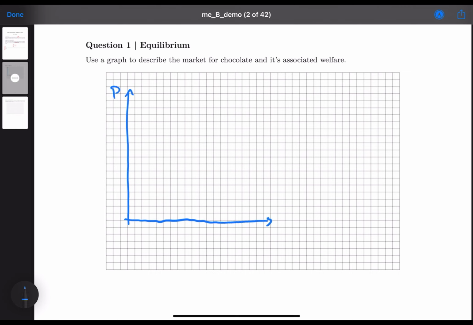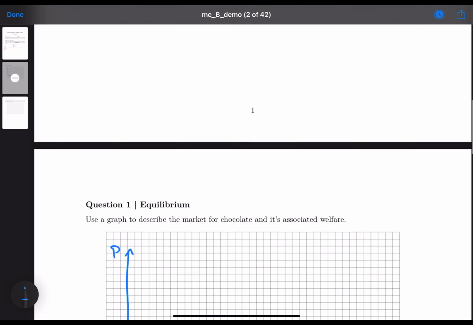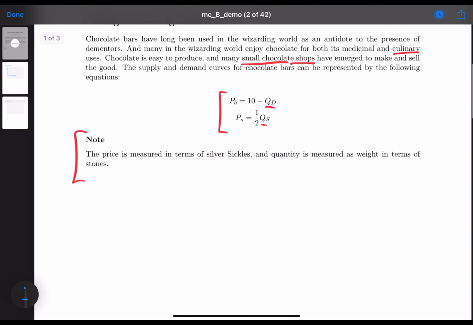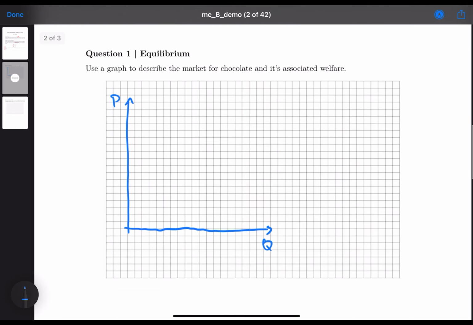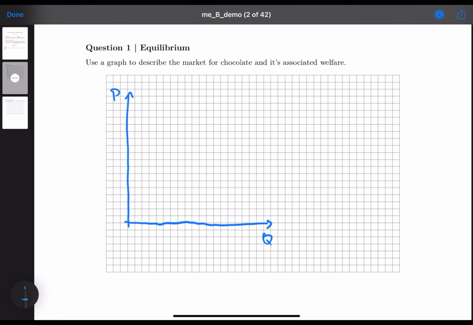We have price on the vertical, quantity on the horizontal. We have our supply curve, and let's make sure our graph corresponds. We know there's not going to be an intercept, so this is going to run through 0. Supply curve. And let's even put the numbers here.